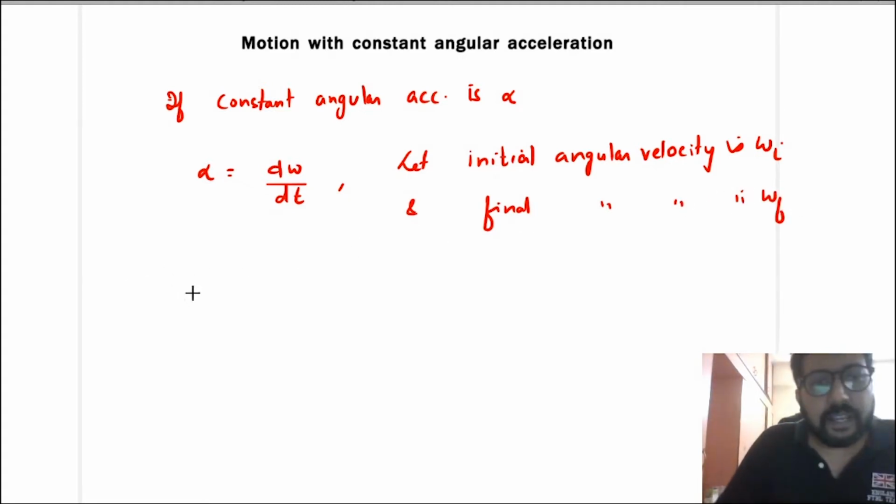Then you can say that d omega is equal to alpha dt. Integrate, because alpha is a constant, it will be out of the integration.